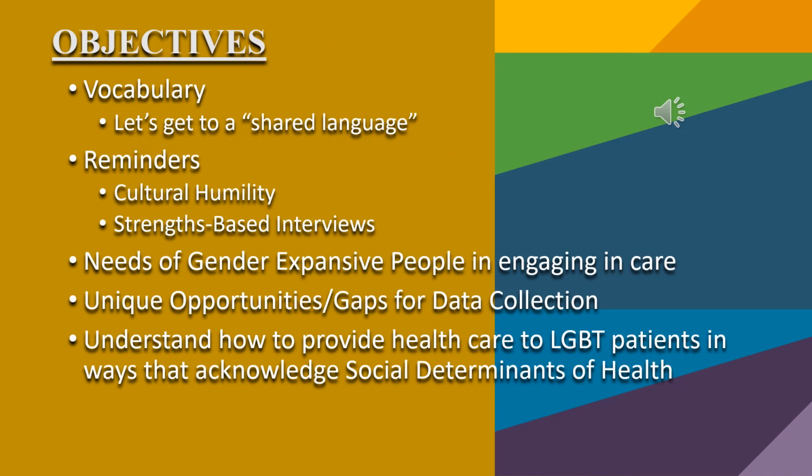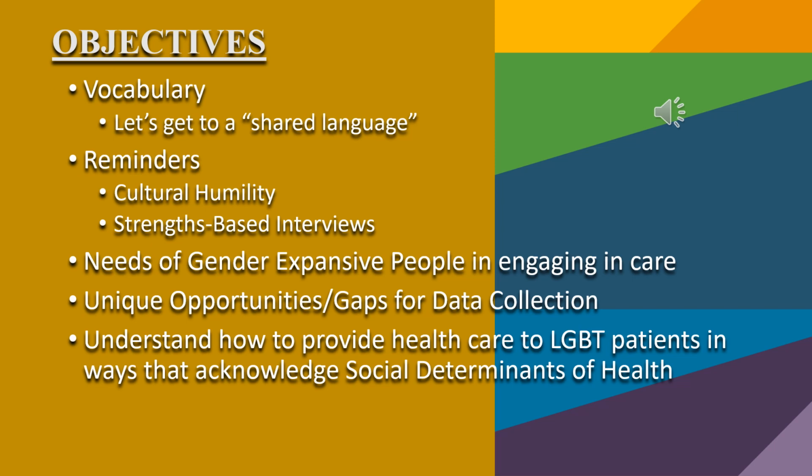To begin, we'll first address our objectives. The very first thing we will address is the vocabulary, in order to get to a shared language so that we understand the backgrounds from which our patients are coming and the vernacular in which they wish to be addressed in a respectful manner. This will also provide cultural humility and strength-based interviews as reminders to the providers.